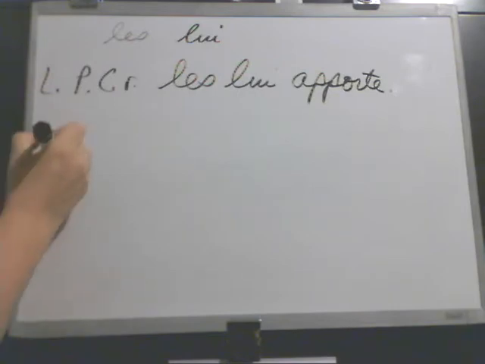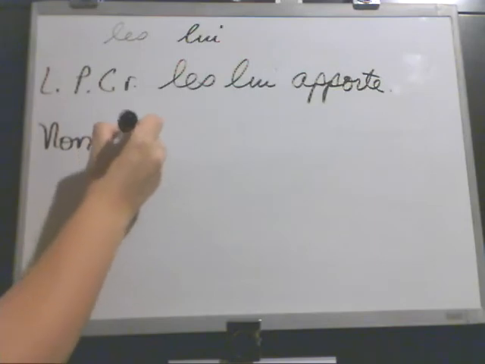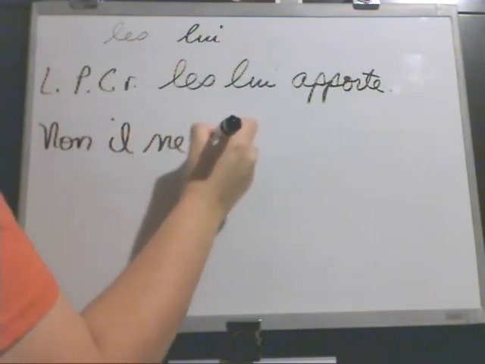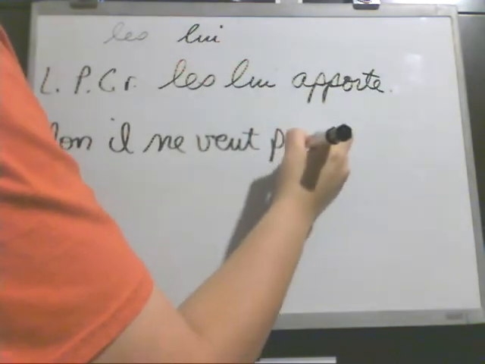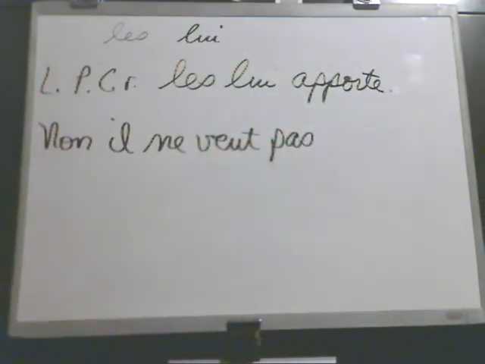So we'll say non. Il ne veut pas. He doesn't want. Right? What doesn't he want to do? He doesn't want to give the cheese to the fox. So the giving of the cheese to the fox, that's all with the verb donner.